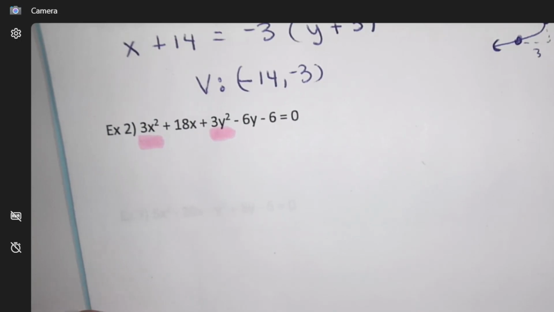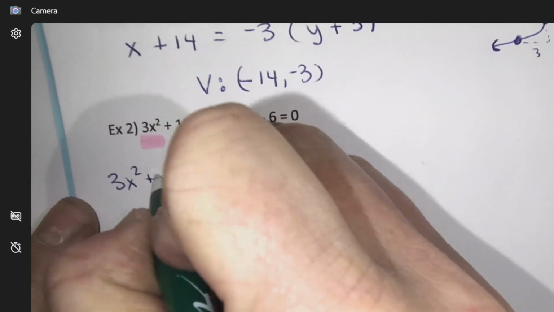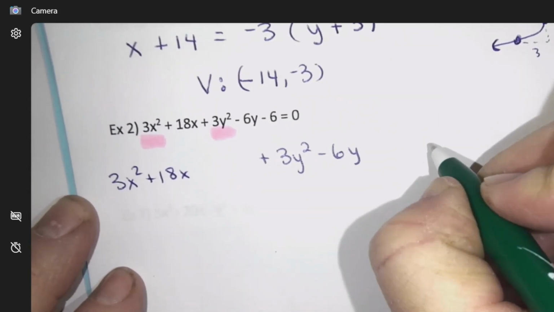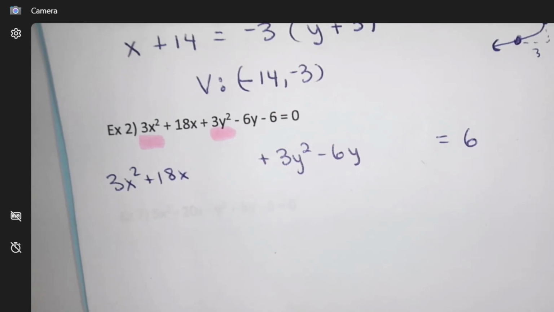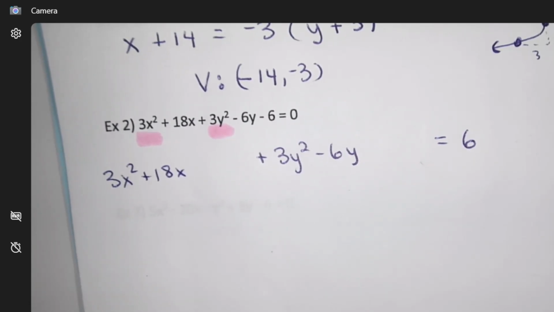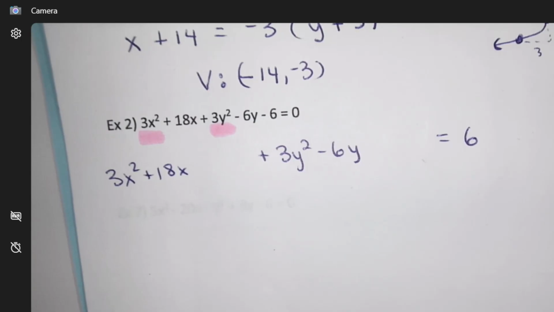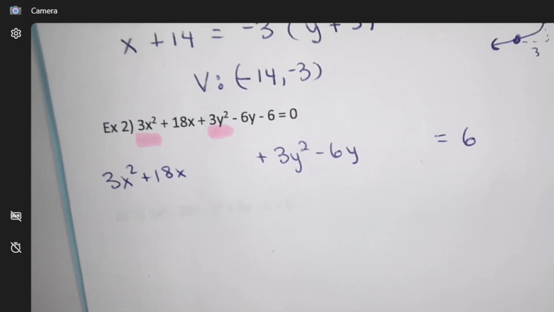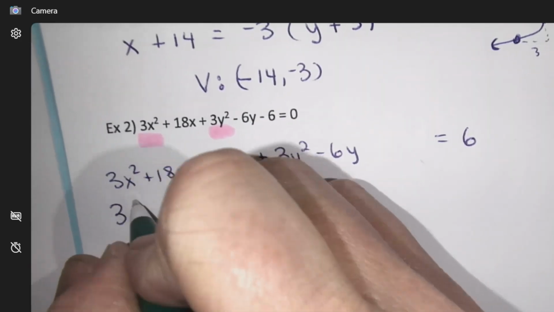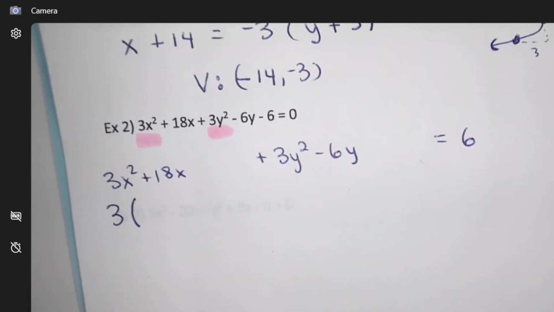Okay, so here's what we're going to do. We are going to group our x stuff together, which looks like it's kind of already done. Group our y stuff. Group x stuff, group y stuff, move the number. Okay, now out of my x stuff, I'm going to GCF a 3 out.